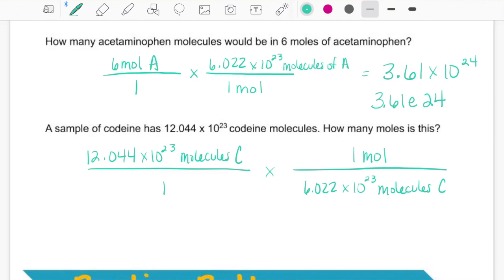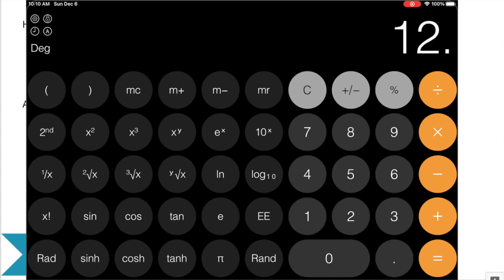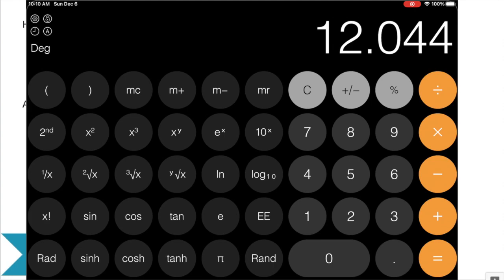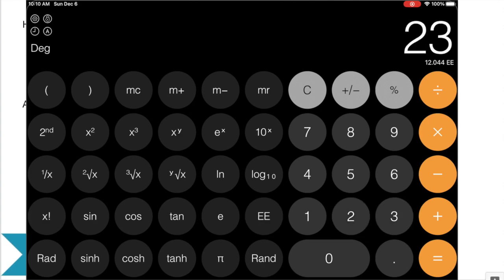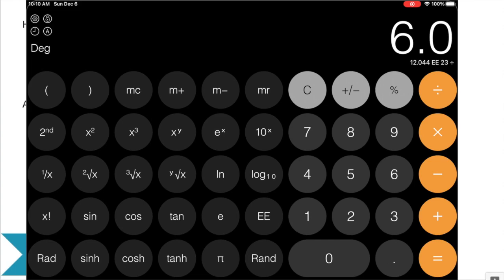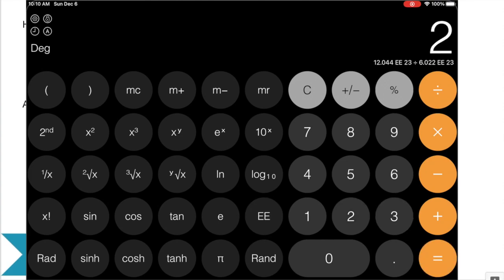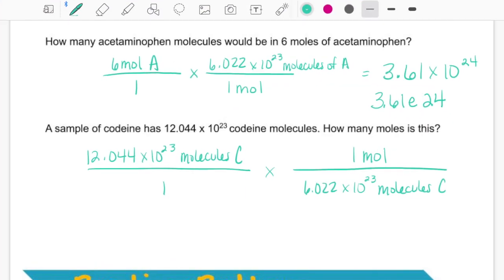Okay, so let me clear 12.044 times 10, which is that EE to the 23rd, divided by our 6.022 times 10, which is that EE to the 23rd, and we will get 2. Okay, so for that one, I just have 2 moles.